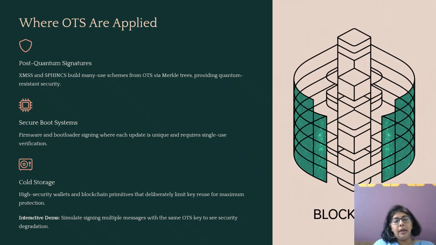Secure boot systems like firmware and bootloader signing, where each update is unique and requires single-use verification. There is also cold storage, where we use high-security wallets and blockchain primitives that deliberately limit key reuse for maximum protection. You can simulate multiple messages with the same OTS to see if the security degrades or not.